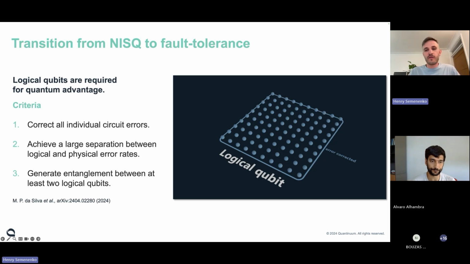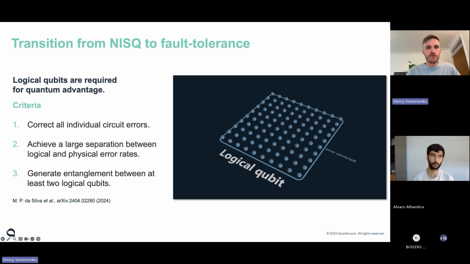And while there have been many demonstrations of very useful circuits that are being run on NISQ devices, to gain a true advantage with these kinds of quantum computers or large quantum computers, logical qubits will just be necessary.